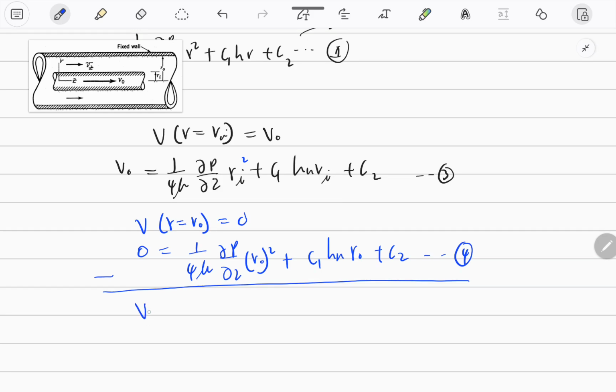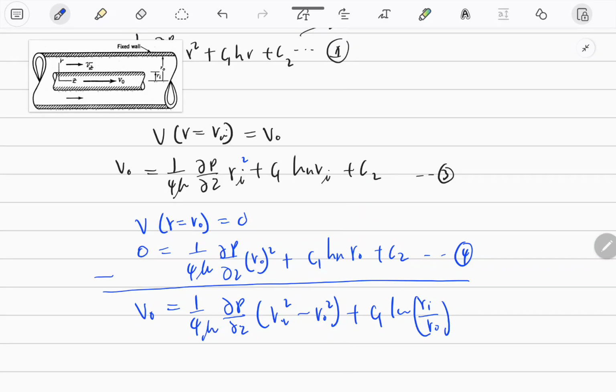V naught is equal to, taking a common factor, 1 over 4 mu dp dz, which is the same for everyone, times Ri squared minus R naught squared, plus C1 times, taking a common factor again and using the laws of logarithms, ln of Ri over R naught.